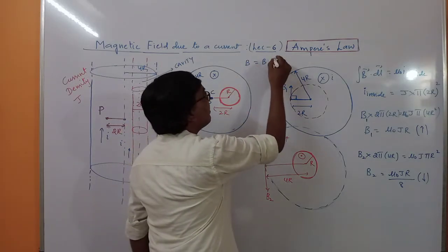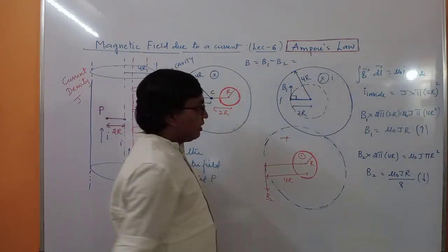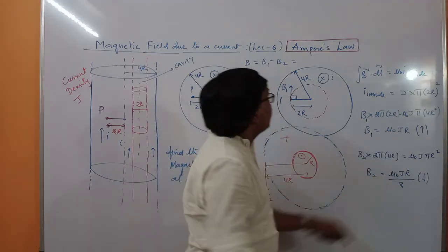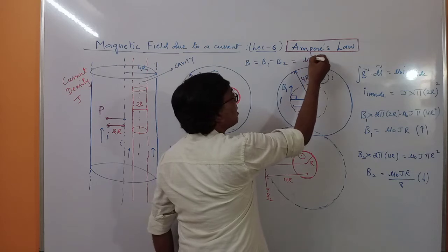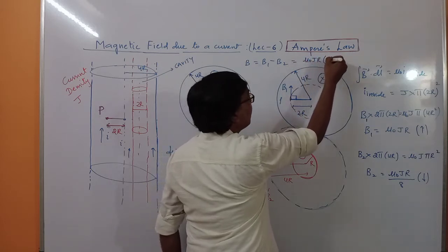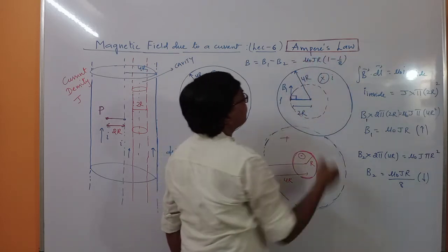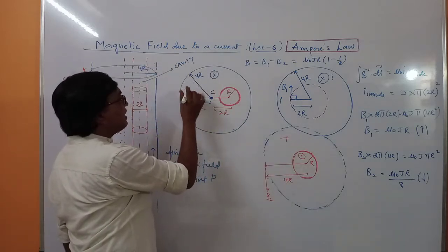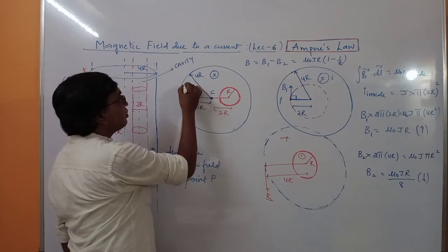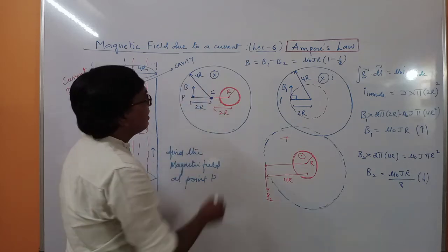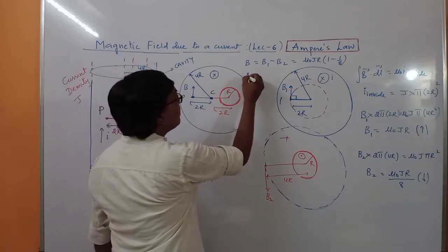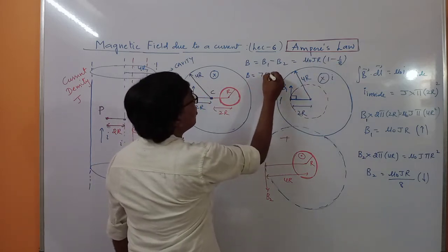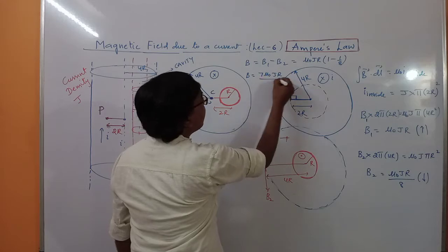Then this will be B1 minus B2. So in both equations we have mu naught j r. So mu naught j r into 1 minus 1 by 8. So net field at this point is in the upward direction, and that B comes out to be 8 minus 1, 7 mu naught j r by 8.